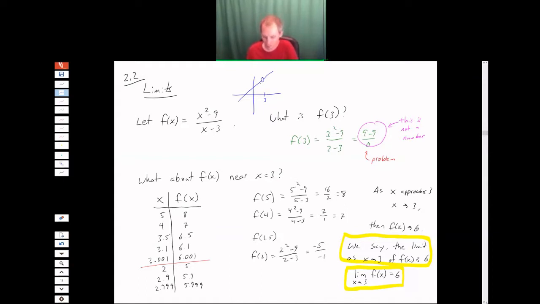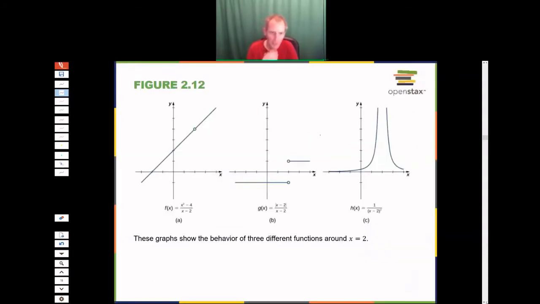All right, let's talk about limits a little bit more from a graphical perspective. Let's look at some graphs and see if we can talk about what's going on with limits and help us understand that way. Okay, so here what we're looking at is what happens near x equals 2.